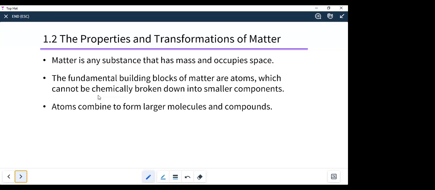Because we really can't break an atom apart further without destroying its identity as a substance. We also know that atoms, because they are the fundamental building block, when they combine with each other, they can form larger molecules and compounds.